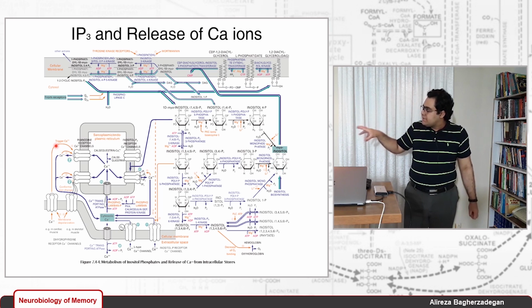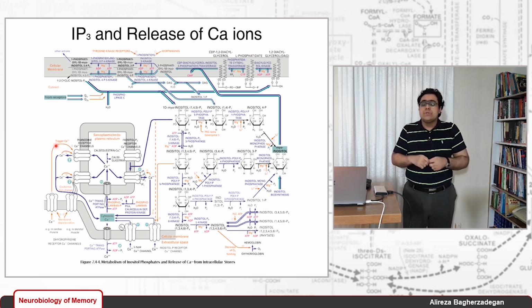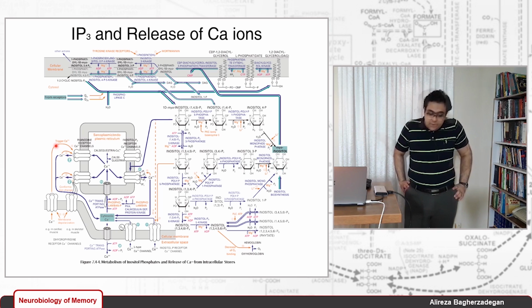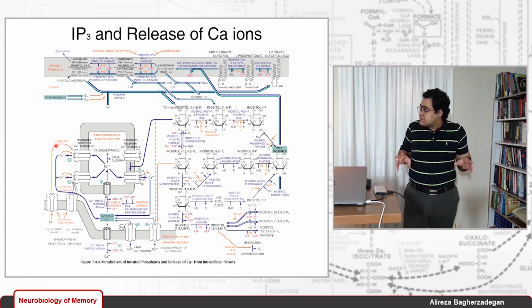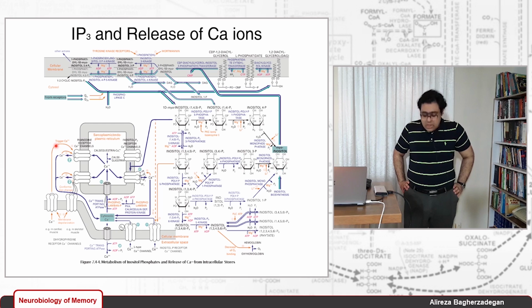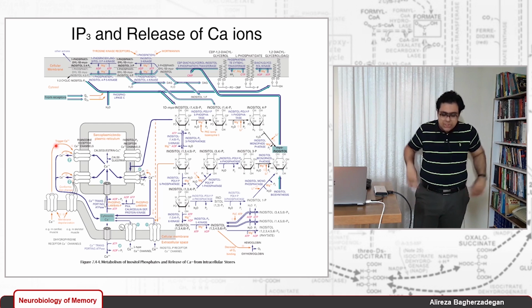You can see a lot of different molecules here, a lot of different pathways interacting with each other, and sometimes there are crosstalks. It's very beautiful, but makes the study of these signal transduction pathways very challenging. But I love it, and so this is just a representation of how messy these pathways can get.